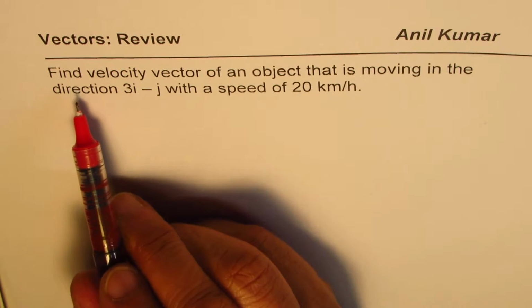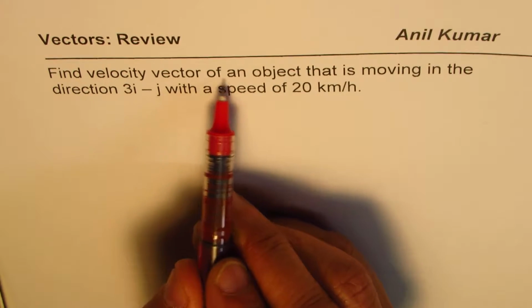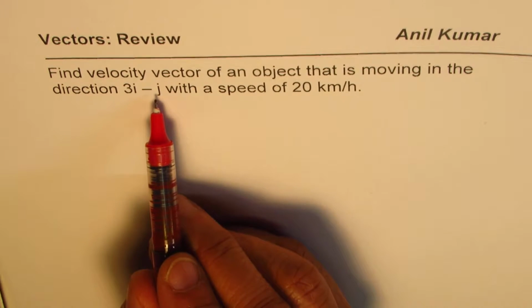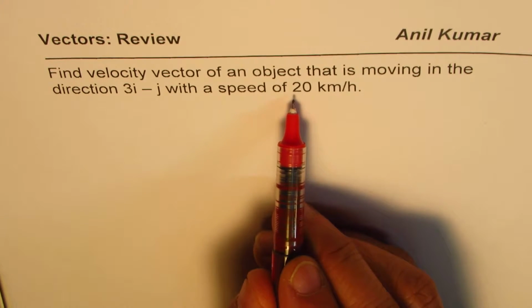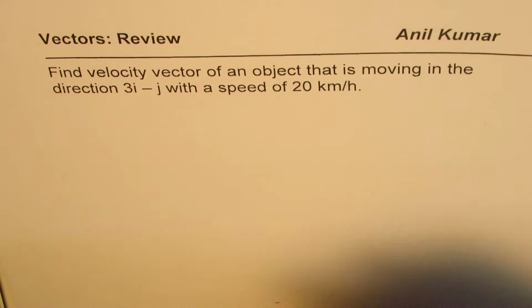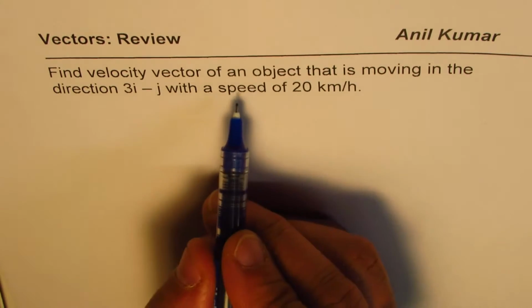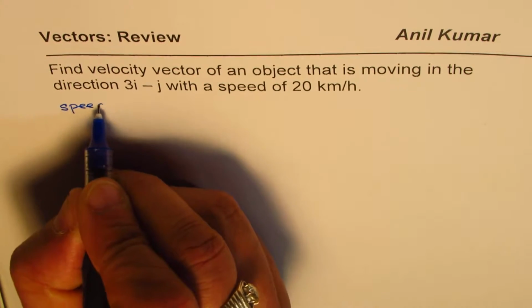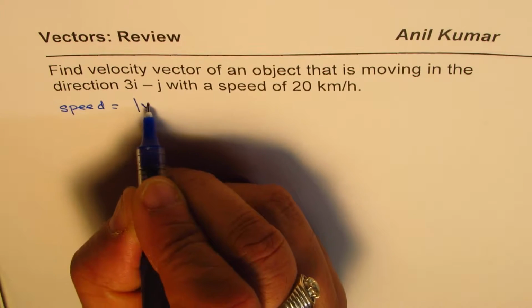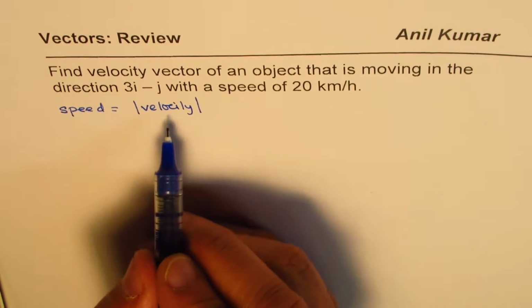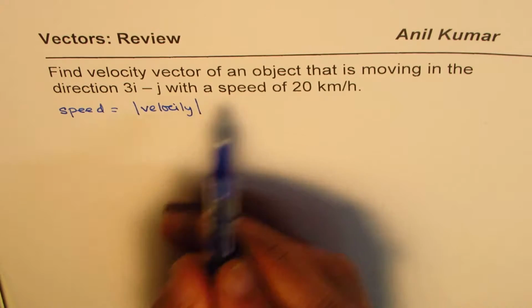The question here is: find the velocity vector of an object that is moving in the direction 3i minus j with a speed of 20 kilometers per hour. Now you should remember that speed is the magnitude of velocity. Velocity has both magnitude and direction.